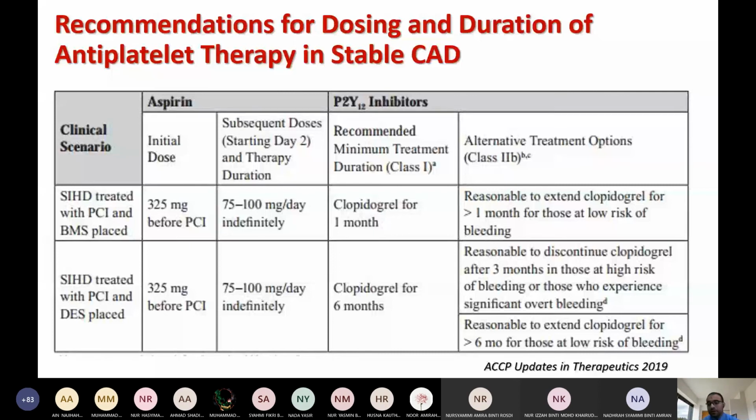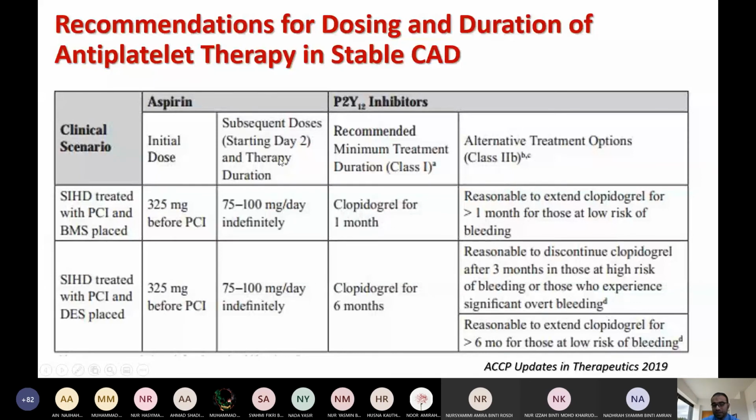So this is just a recommendation. The doses can be a little bit different according to the local setting. Okay, but you can see here what we have as the initial dose and what you have as the subsequent dose, because usually initial will be just a loading dose. A subsequent dose means a maintenance dose, and how long it is to be given.